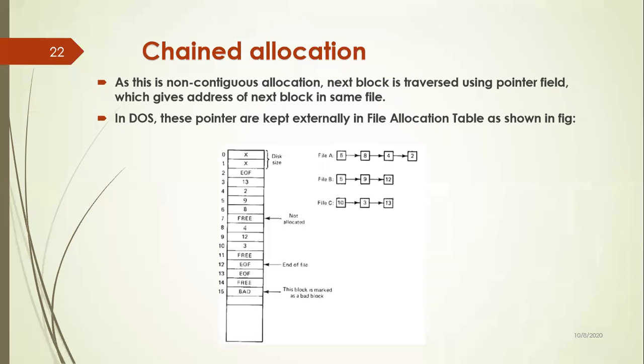So this is the end of file B. Next, you can see that locations number 7, 11 and 14 are free. Free means these are the free spaces, not utilized by any other file. So this is the chain allocation where we keep track of the next pointer.